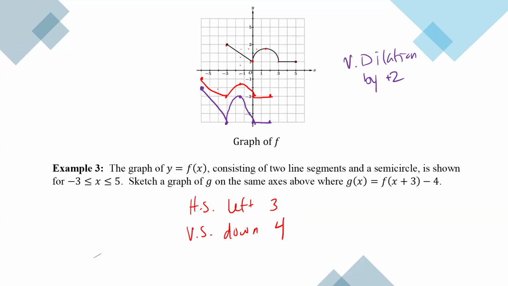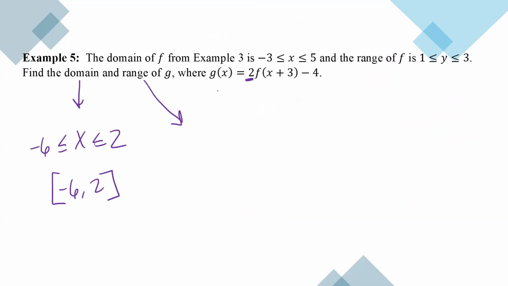And what's my highest? -2. So my range is now -6 less than or equal to y less than or equal to -2. And I can write it also as [-6, -2]. Notice that when I write it in interval notation, I use brackets.